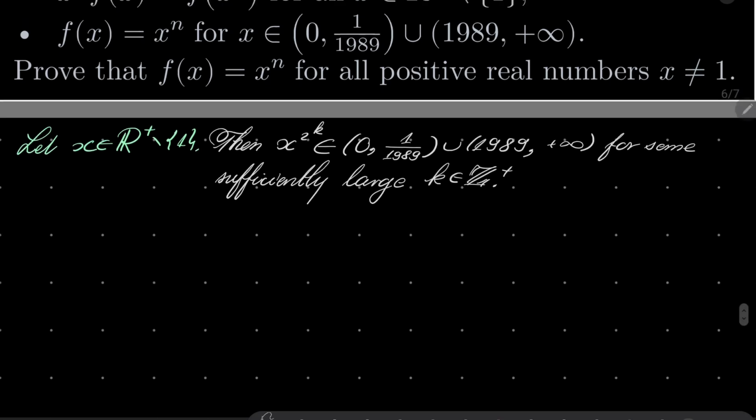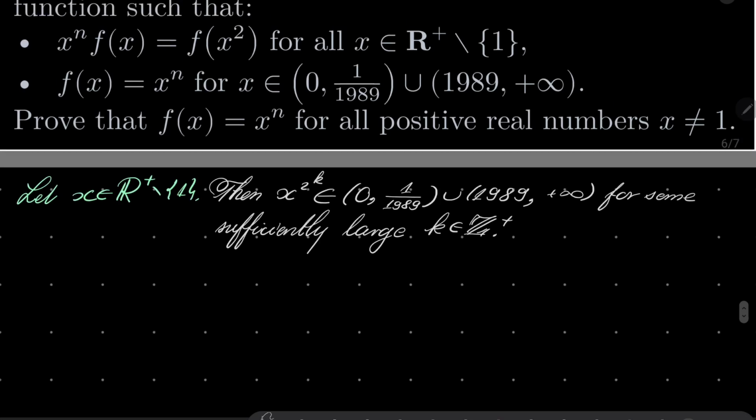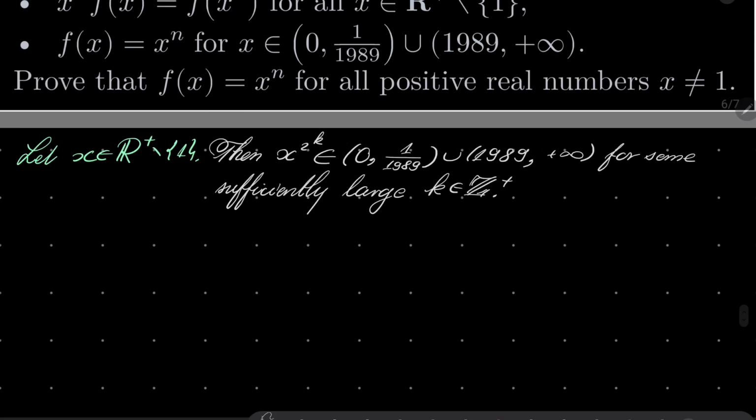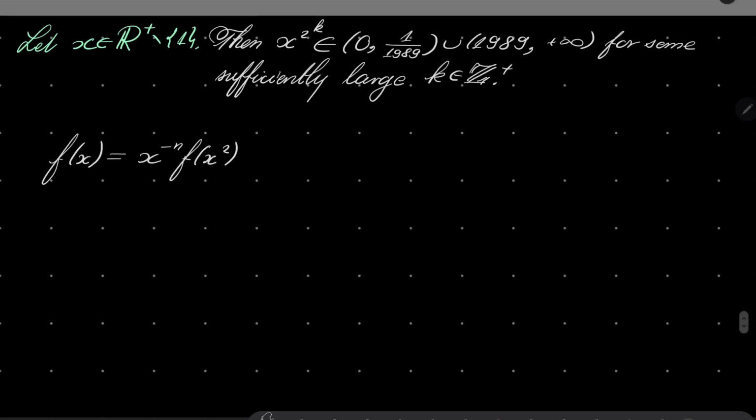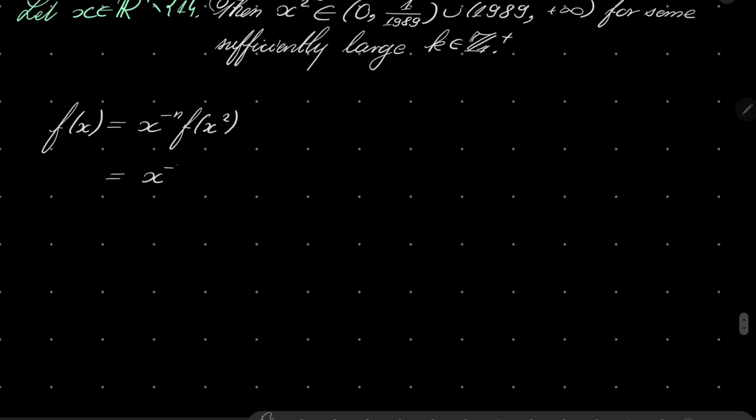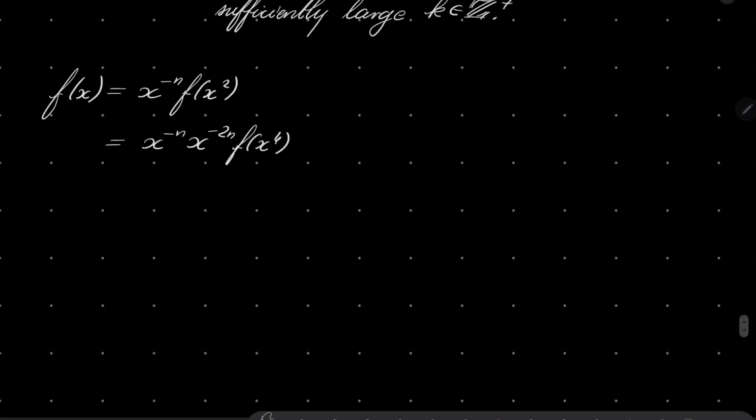Alright, and now I will be using my first condition over and over again, because f of x can be written as x to the power minus n f of x squared, but f of x squared can be written as x to the power minus 2n f of x to the fourth power.